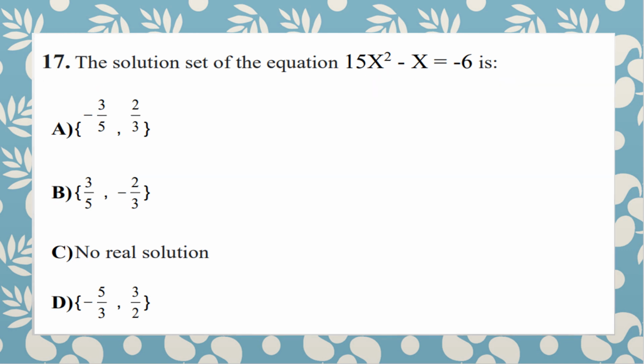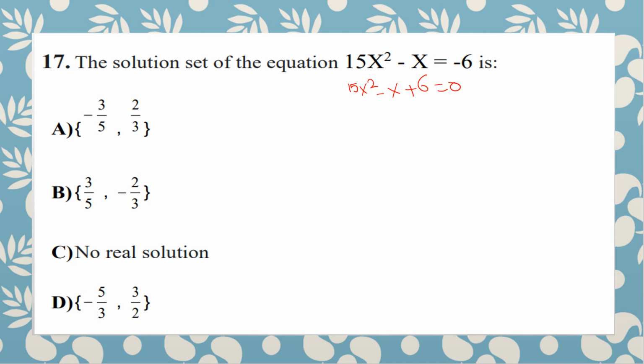The solution set of the equation 15x squared minus x equals -6. Again, we should rewrite this equation as 15x squared minus x plus 6 equals 0.